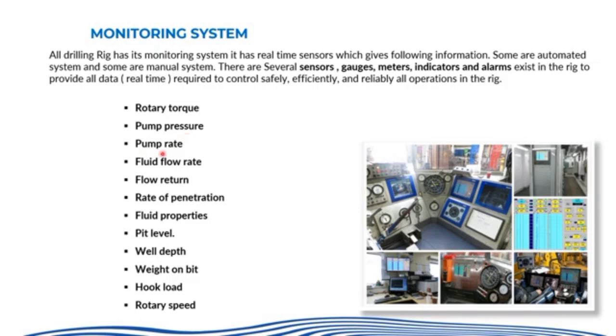And pump rate, fluid flow rate, flow return, rate of penetration, fluid properties, okay, pit level, well depth, weight on bit, hook load, and rotary speed. So all this information is given to the driller by these real-time sensors, gauges, and indicators.